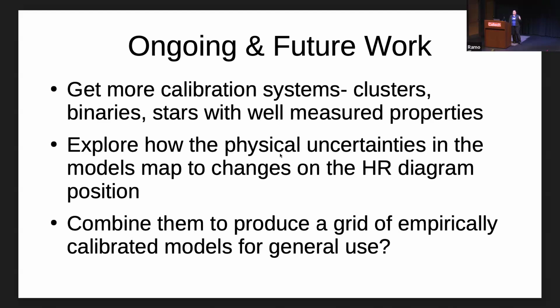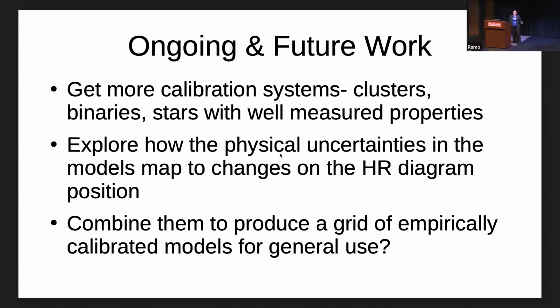And so we can start thinking about, is there a way to create something like an empirically calibrated grid of stellar models that you can use until the stellar physicists figure out what's going on over there? And so that's one of the things we've been thinking about, how to do that in such a way that it's going to be useful to you.